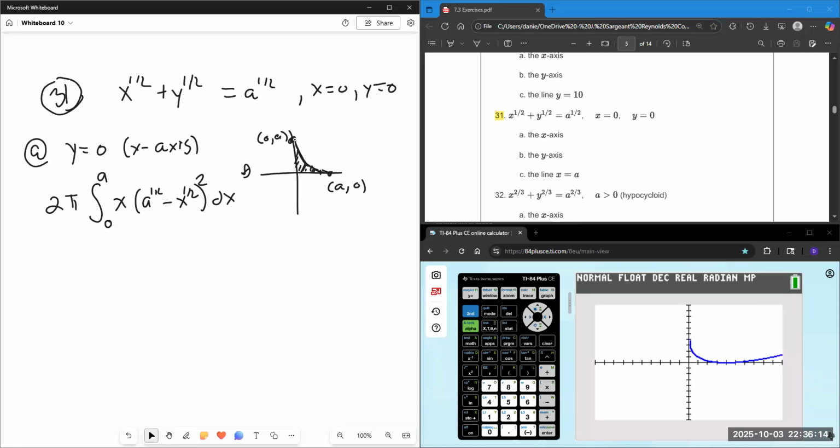I'm sorry, I want this as a function of y, like that, because I'm doing horizontal rectangles. So y is going from 0 to a, and y is the distance between my axis of revolution and my rectangle. And then my height of my rectangle is a to the 1/2 minus y to the 1/2 quantity squared. All right, let's go ahead and solve this.